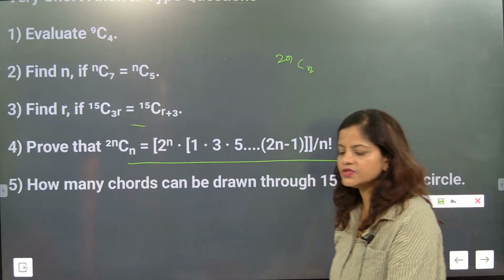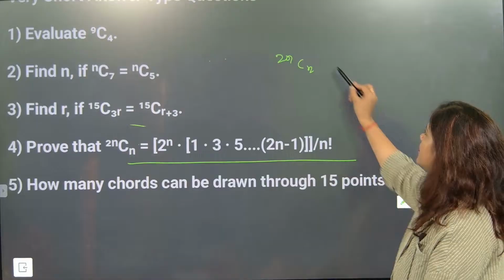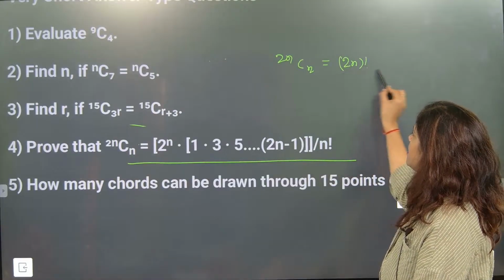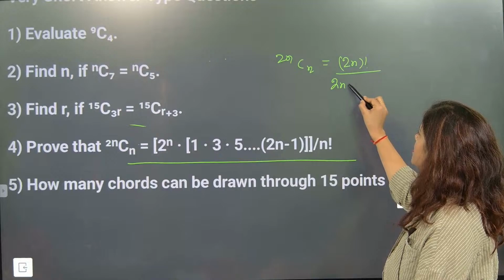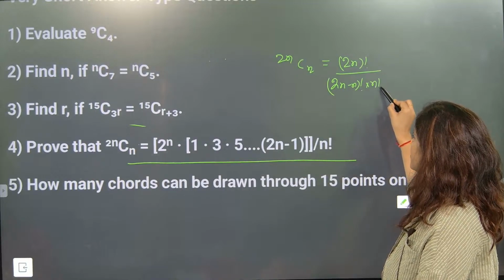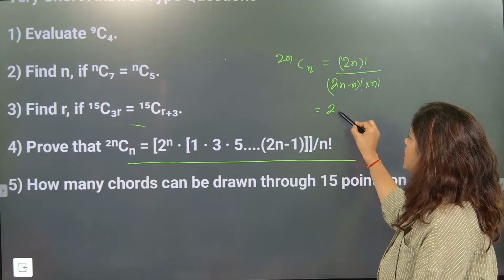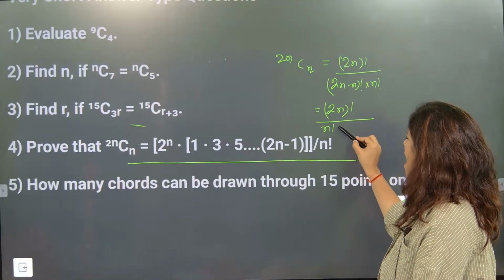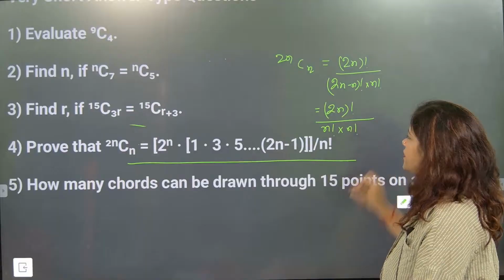When you are solving 2nCn, it will become 2n factorial by 2n minus n factorial into n factorial. So it will become 2n factorial by n factorial into n factorial.